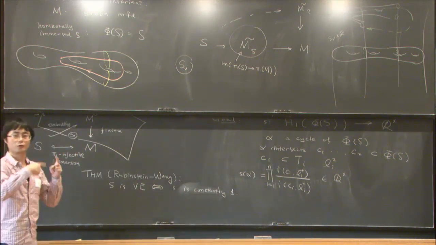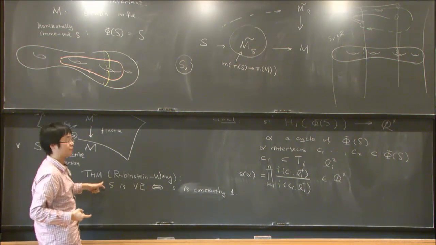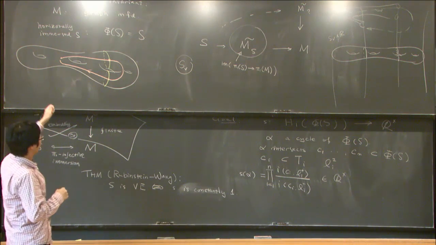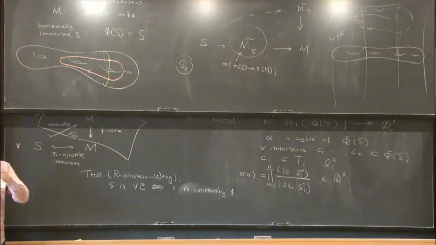So there is no non-trivial ratio. If you know that, then you know the surface S is virtually embedded. That's their idea, and our task is basically trying to generalize their picture to the cases where hyperbolic pieces are involved.